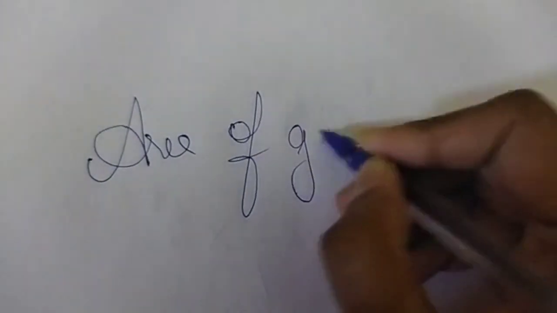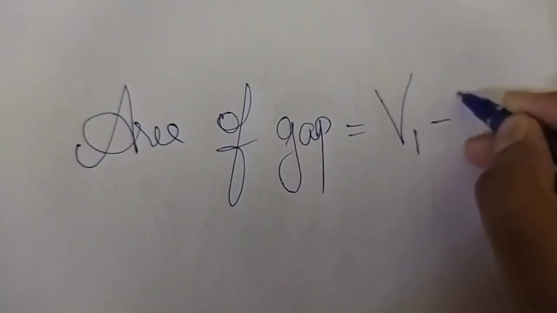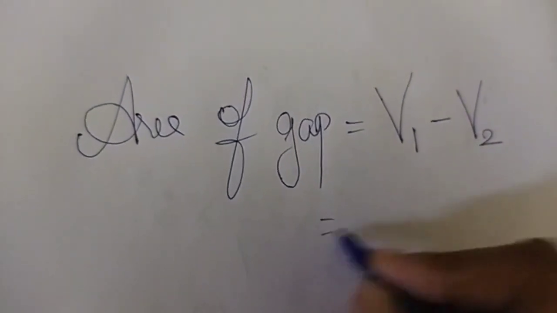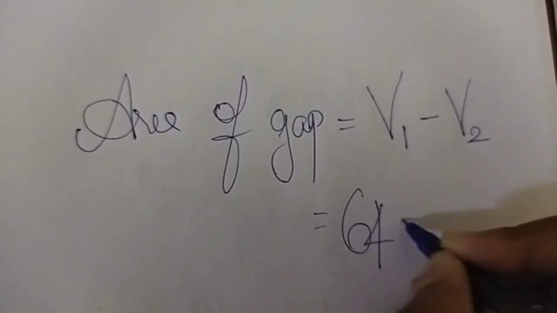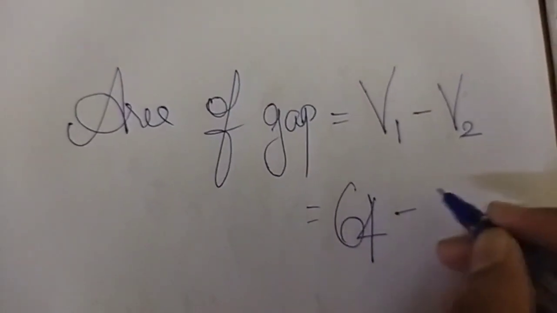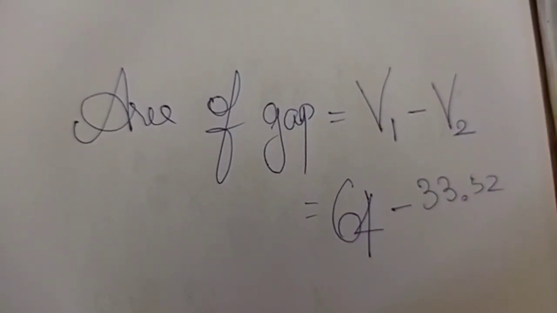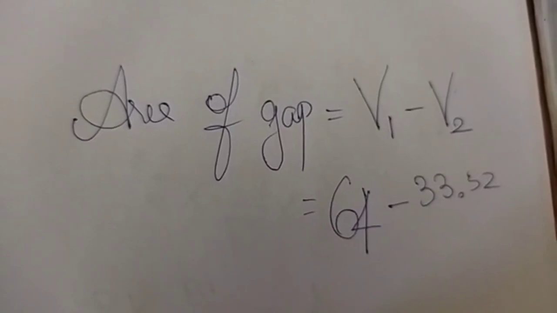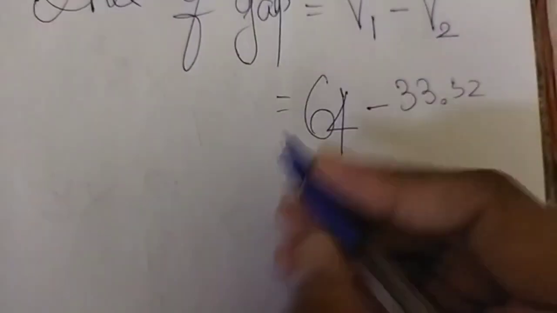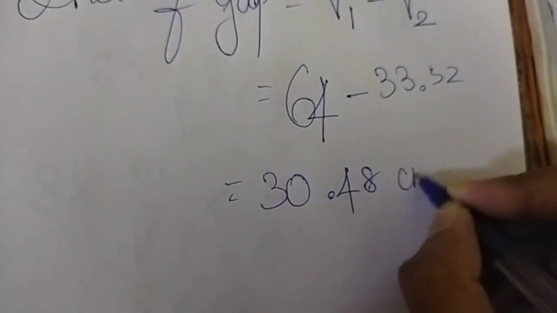Volume of gap is equal to volume of cube, that is V1, minus volume of sphere. Volume of cube is nothing but 64 minus volume of sphere, which is 33.52. 64 minus 33.52 is nothing but 30.48 centimeter cube.